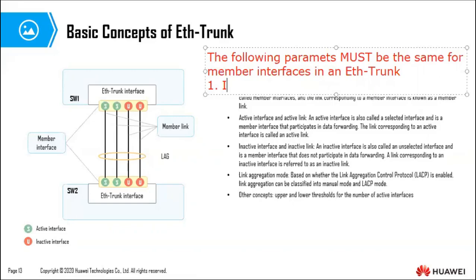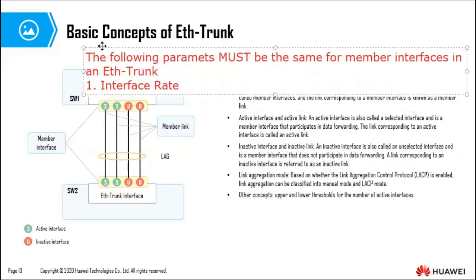Number 1 is the interface rate. By interface rate, we mean the processing speed. So don't add 100 megabits per second interfaces to an Eth-Trunk that has 1,000 megabits per second. Don't add Ethernet interfaces to gigabit Ethernet interfaces on the same Ethernet trunk.